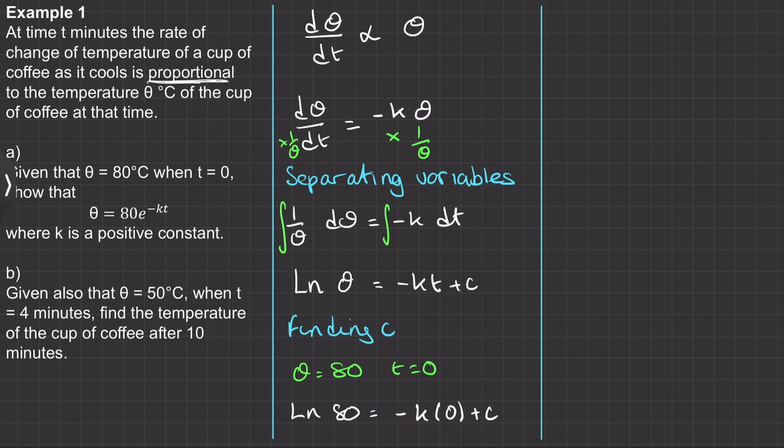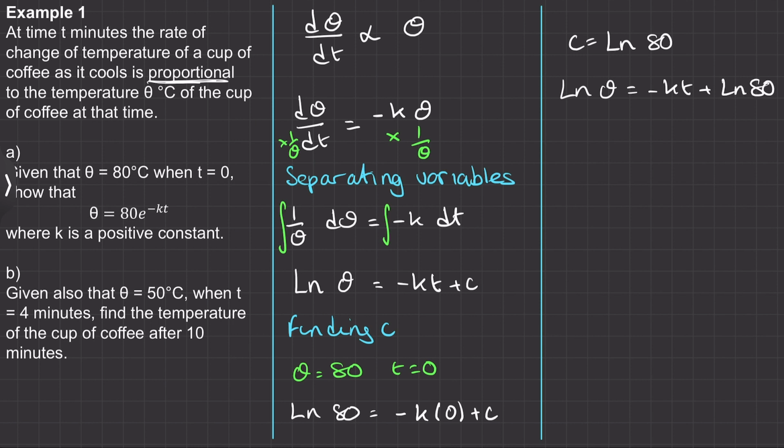Negative k times 0 is 0, so therefore c will equal the natural log of 80. And I can substitute this value of c back into our model over here. So we have the natural log of theta is equal to minus kt plus the natural log of 80.